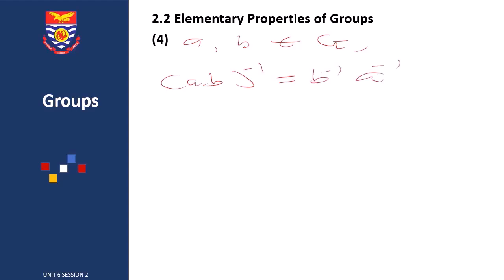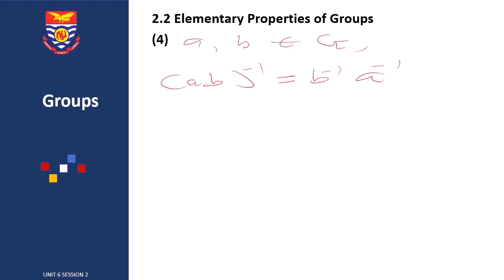Very, very interesting. I remember some time ago, WAEC elective math gave a question like this for students to prove, but they didn't tell them that this is a property, though they employed that property. So this axiom is very interesting.